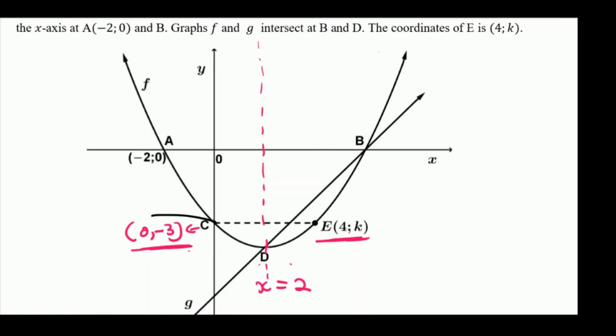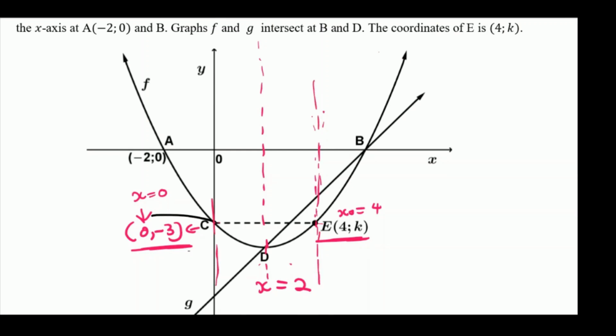So if these coordinates were reflected about the axis of symmetry to give this coordinate of E, it means there's going to be a change of values. What I mean by that is the x value being 0 here at C is no longer 0 at E, but it's going to be 4. The only change here is the x values, because it's moving horizontally.